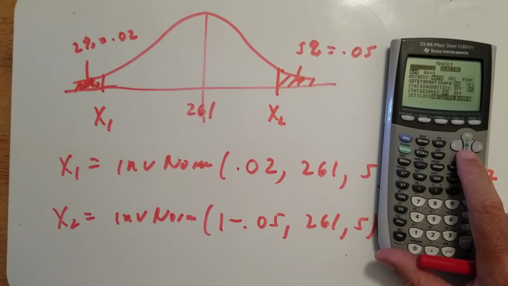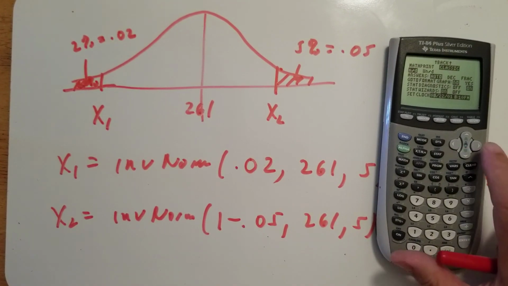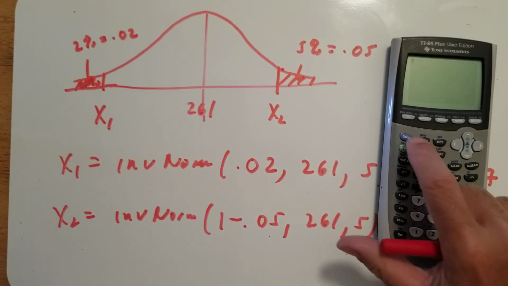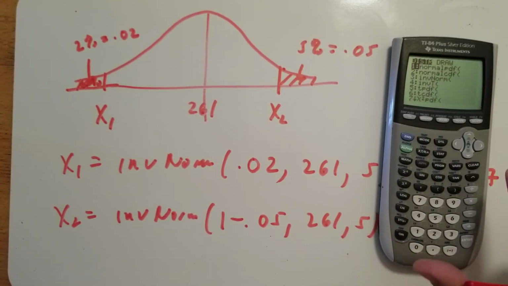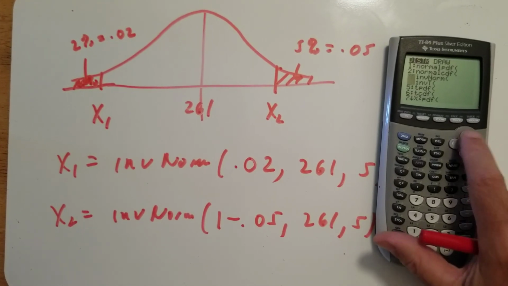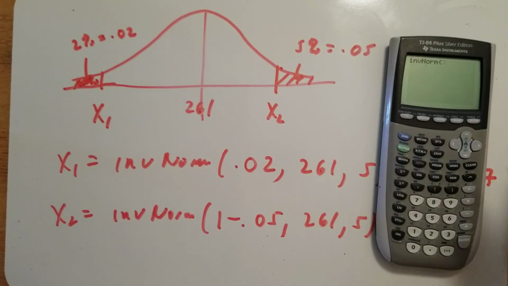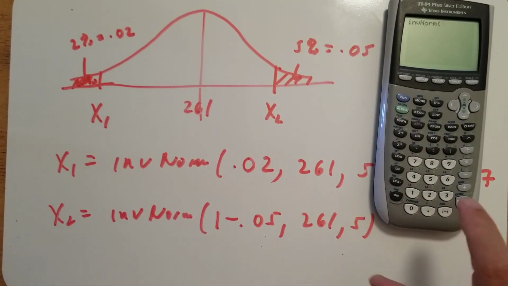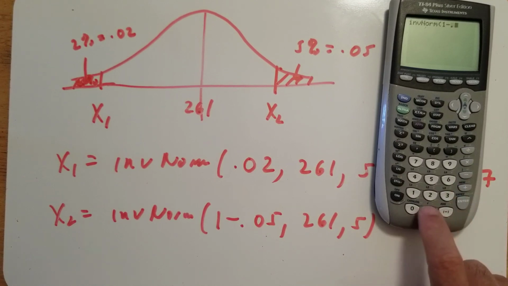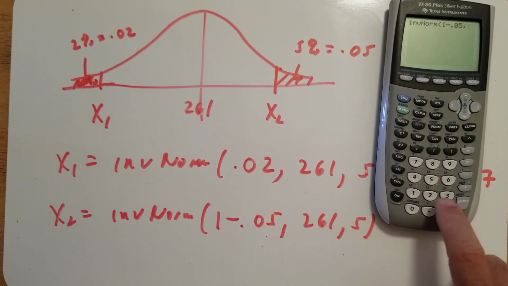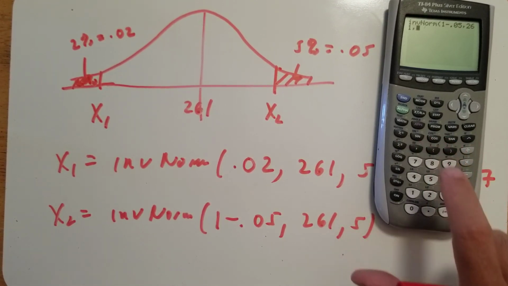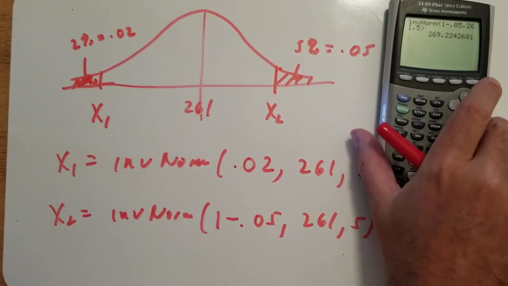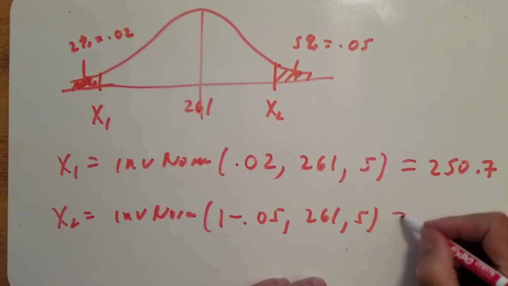If I turn the stat wizard off, it's just not going to give me that menu. So if I go second, distributions, to InvNorm, it just expects that I know what the parameters are. The first parameter is area to the left, which for this example is 1 minus 0.05, comma, the mean is 261, the standard deviation is 5, and when I hit enter, about 269.2 rounded off to 1 decimal place.